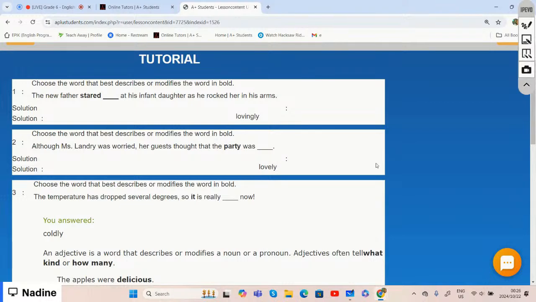Here it says, the new father stared. And we're going to say lovingly because it tells us how the father stood there and was watching.